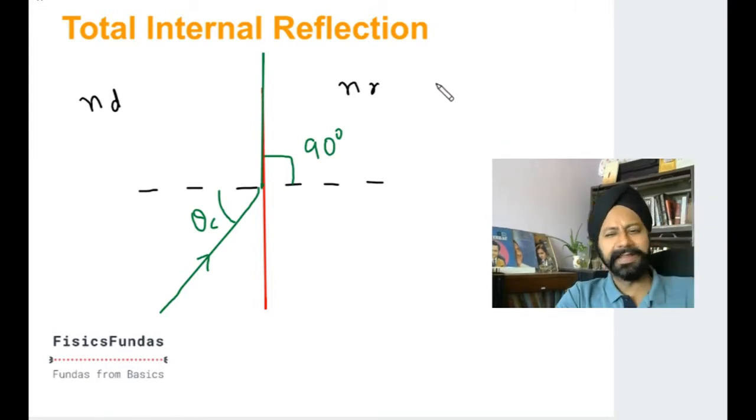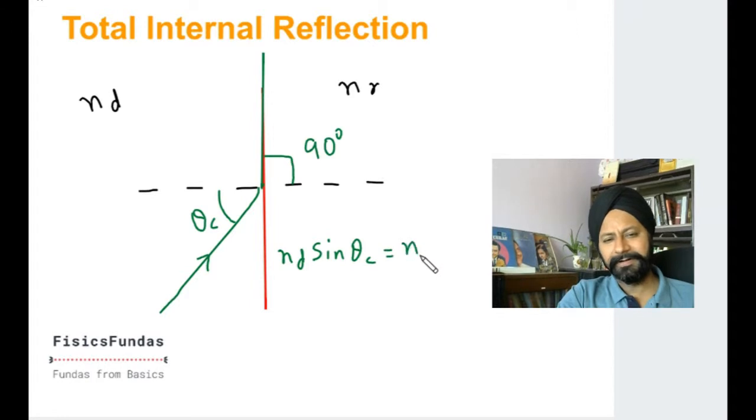Simple, Snell's law. So Snell's law would be n of d times sine of critical angle is equal to n of r times sine of 90, but sine of 90 is 1. So you can plug in that 1. So sine of critical angle is equal to n r over n d.